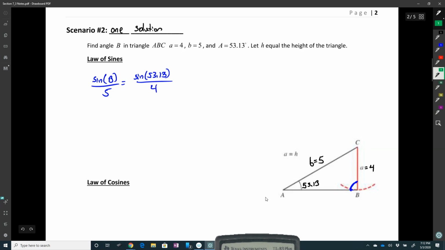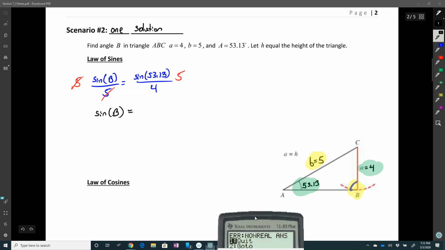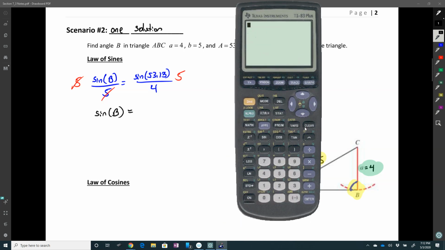Remember the law of sines: you pick the side with its opposite angle. Okay, multiply both sides by 5. So sine of B is equal to, get your calculator, and you can type that in.